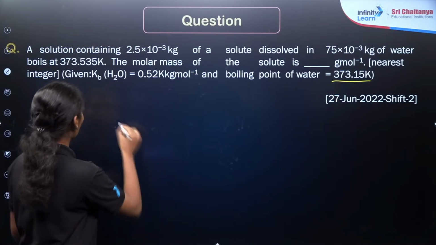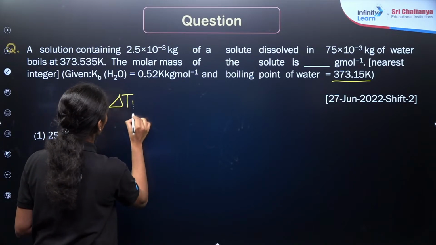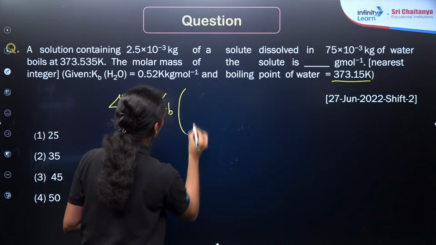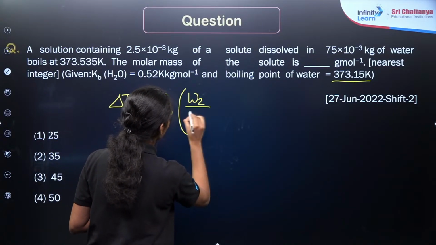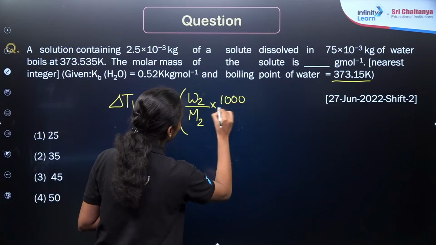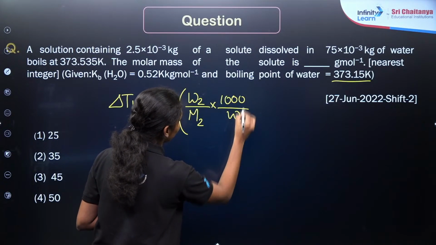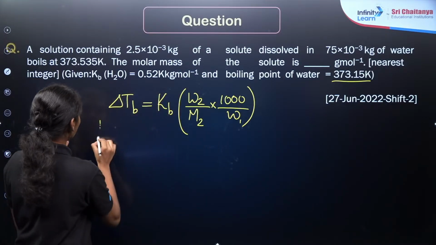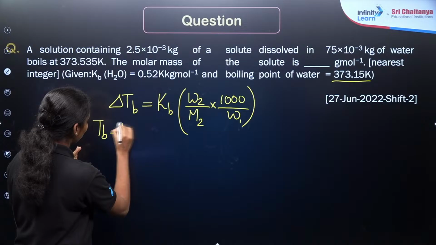Again, just apply the equation: delta Tb is equal to Kb into W2 divided by M2 into 1000 divided by W1. We need to calculate delta Tb by taking the difference between Tb and Tb naught.